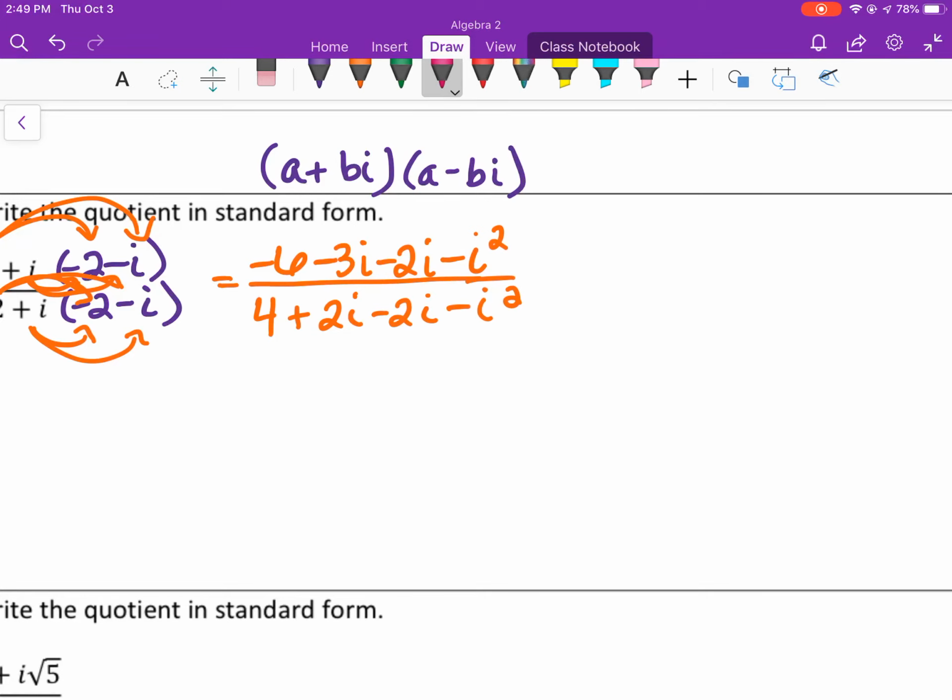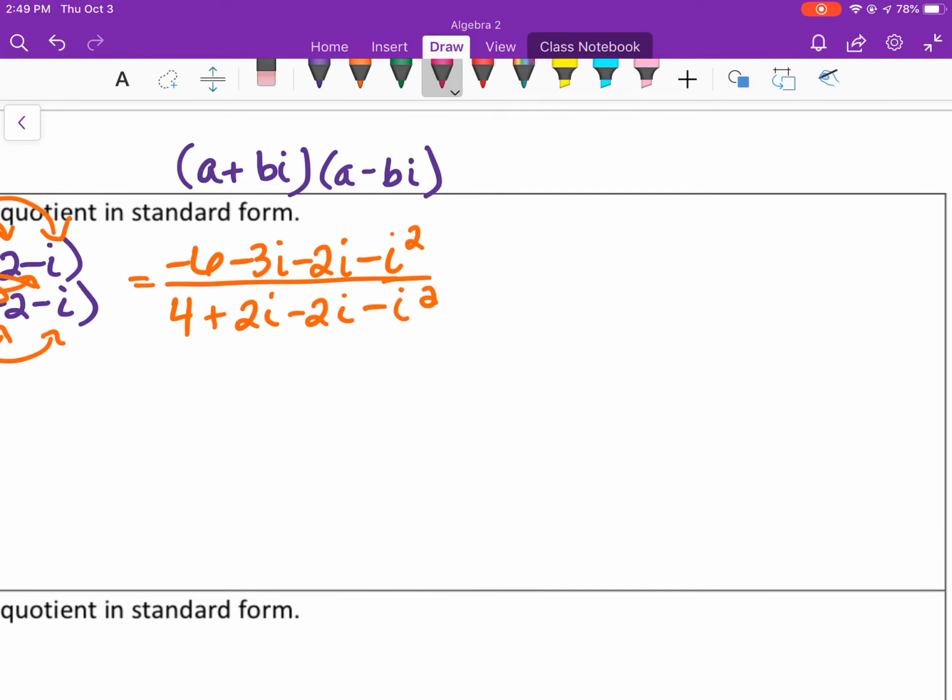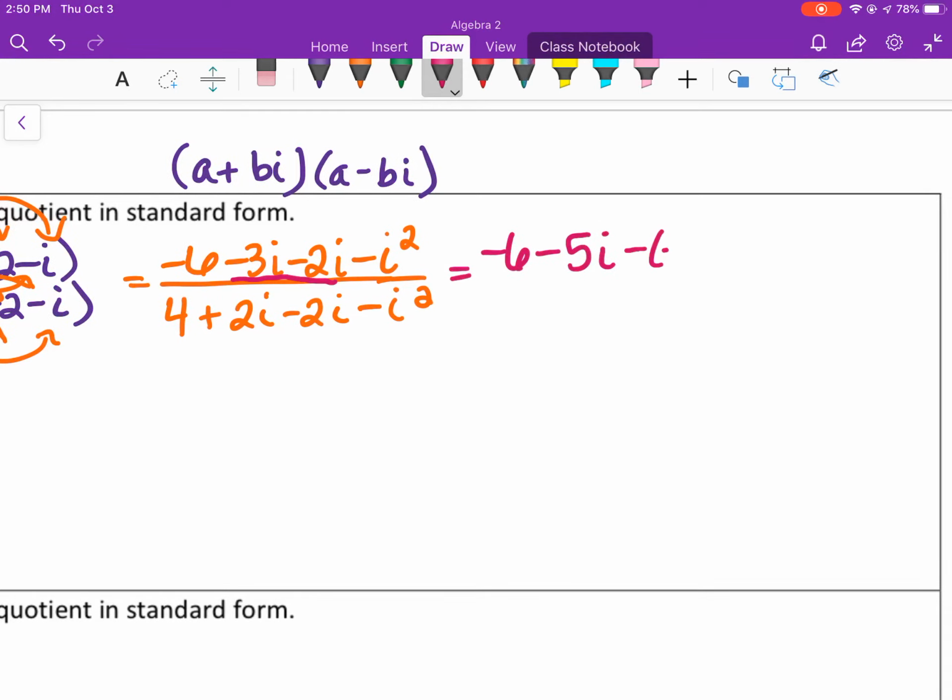Combining like terms and then replacing I squared with negative 1, you're going to get negative 6 minus 5I minus, and then replace that I squared with negative 1, over. Then we have 2 plus negative 2, or positive 2I minus 2I, that's 0.